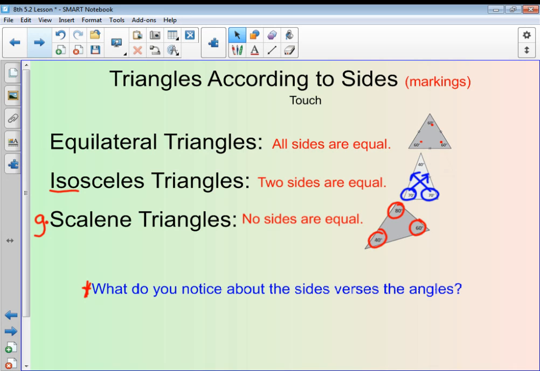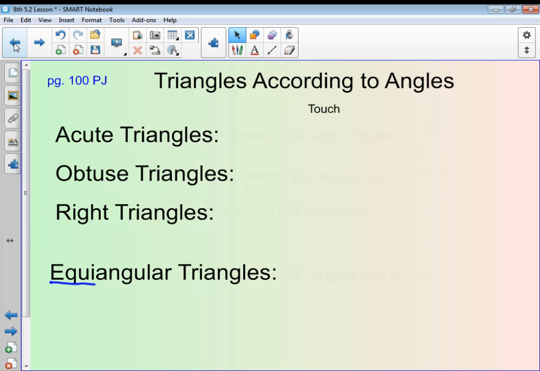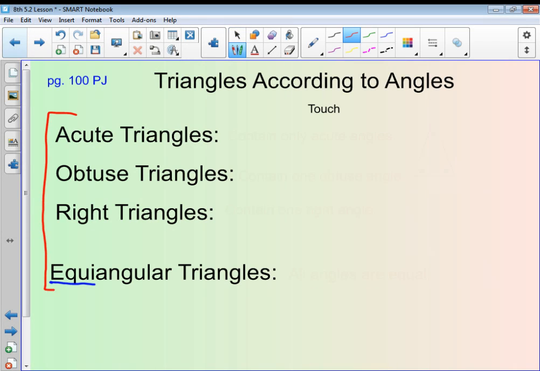So what I want you to do for your activity is on that page 100, I want you to go ahead and classify each of those 5 triangles in the 2 different formats. So if you would mark off on your A through D, just maybe put a box around your A through D like this, knowing that you have to pick one of these because you're going to name each triangle according to its angle measures.